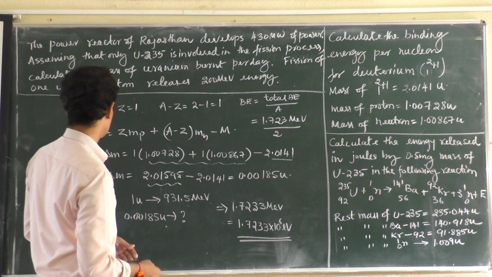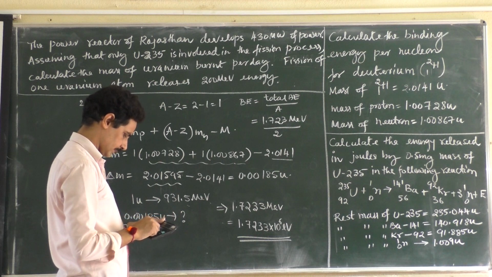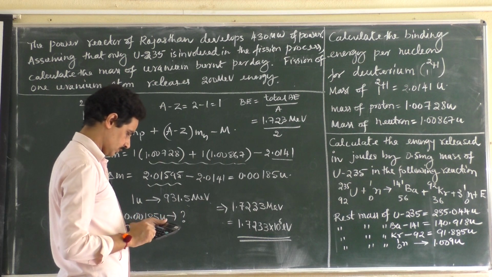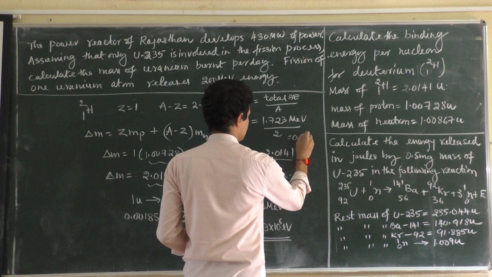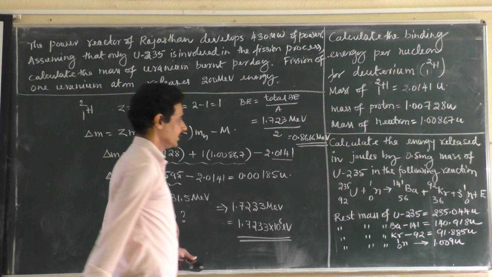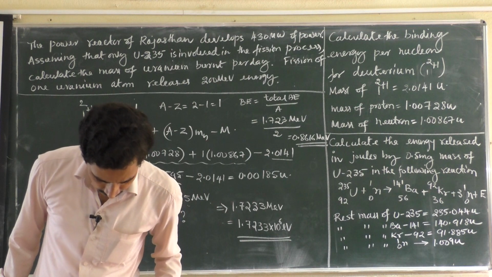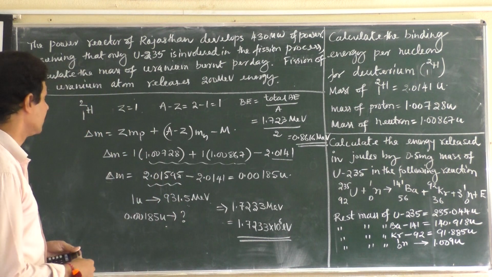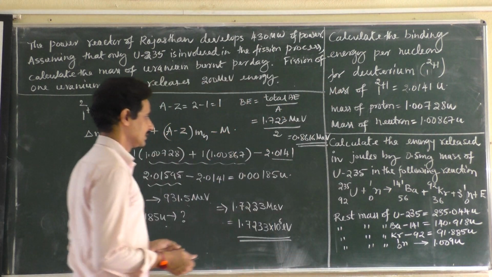Because mass number is 2. That gives you 0.8616. So this is 0.8616 million electron volt. This is the answer, the binding energy for deuterium per nucleon.